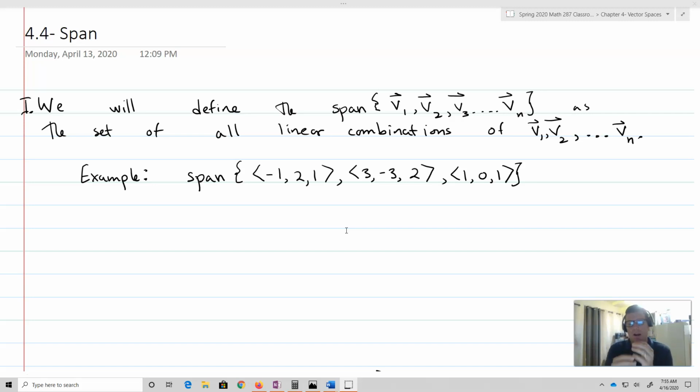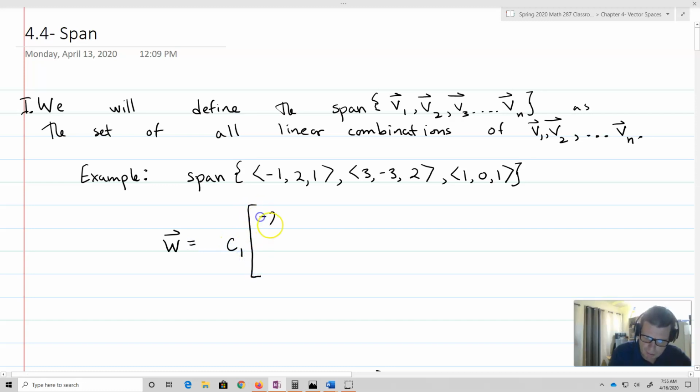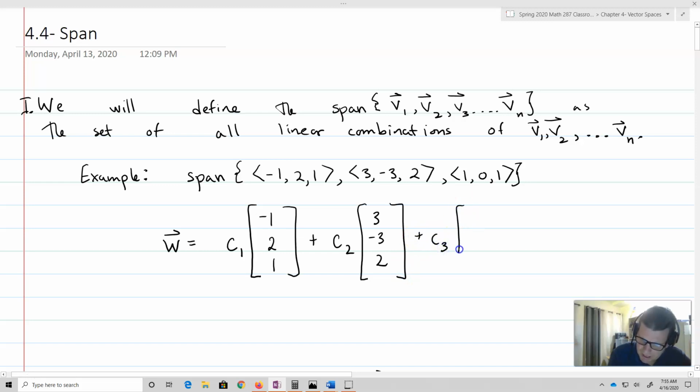And so consequently, what that looks like is it's going to be the set of all w's, okay? In this case, w equals a scalar c1 multiplied by one of the vectors, in this case, (-1, 2, 1), plus a second vector, c2, times (3, -3, 2), plus c3, that's a third scalar, times (1, 0, 1).